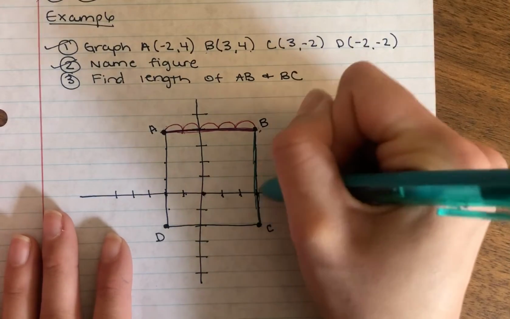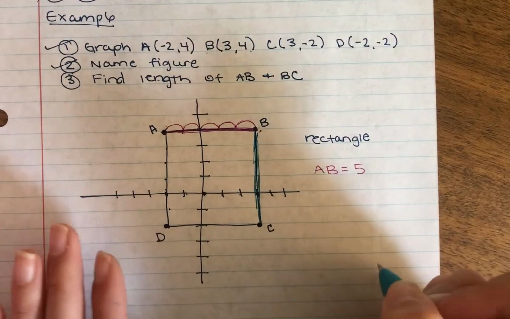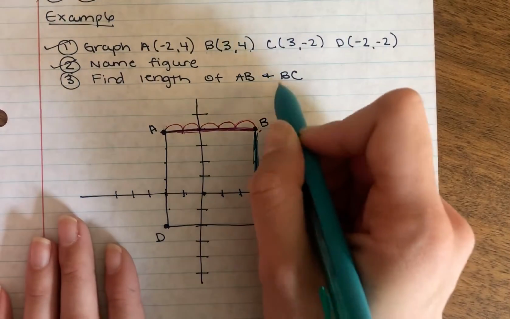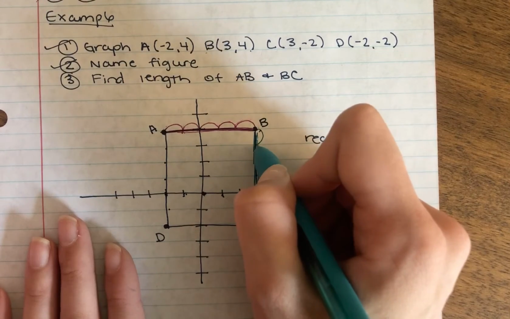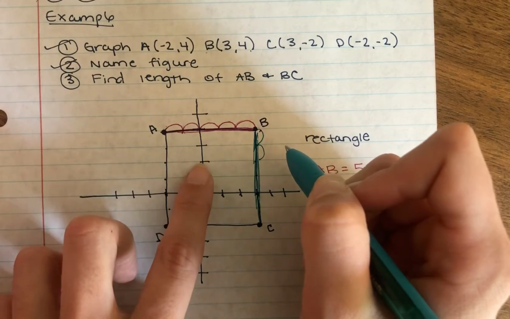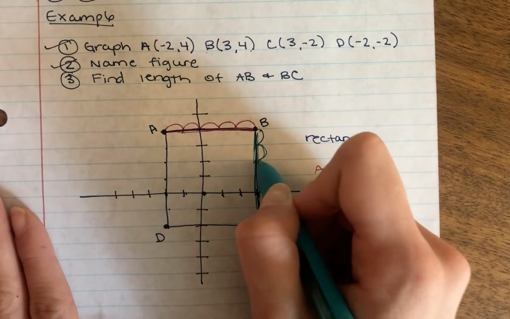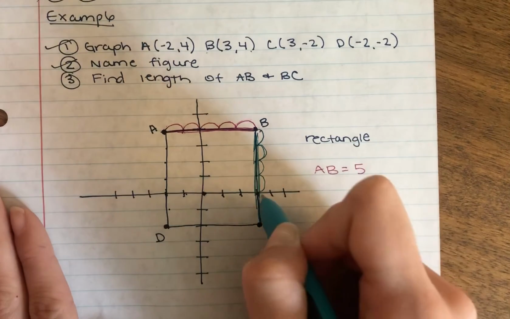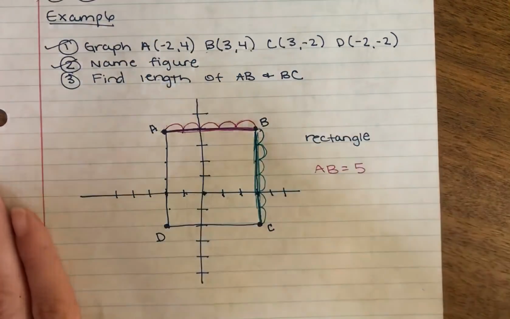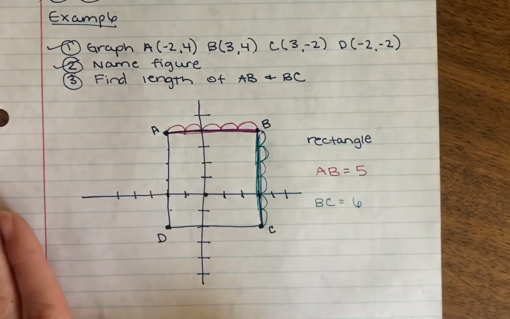So BC is now a vertical line instead of a horizontal line, but we're going to use our bunny hops again. So start at B. We have 1 hop. 2. Notice how I'm just doing my tick marks on my axis. So we have 1, 2, 3, 4, 5, 6. So now BC is 6 units long.